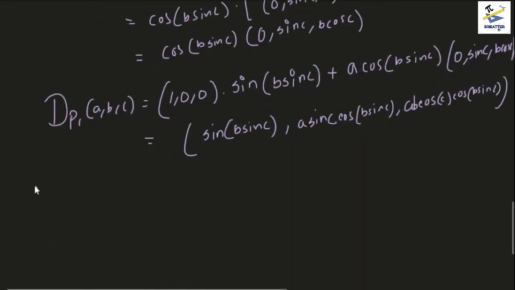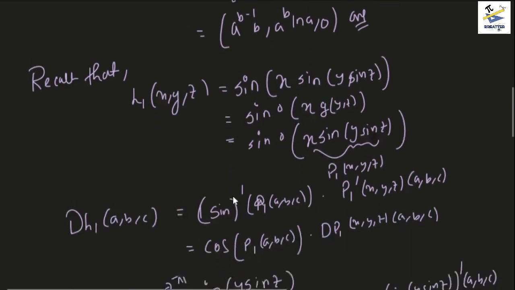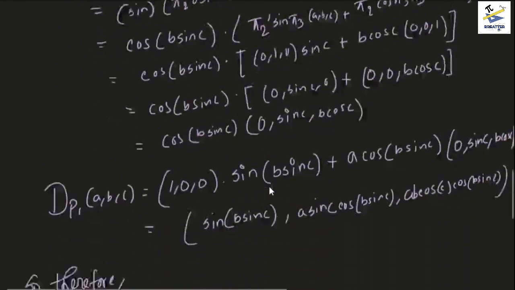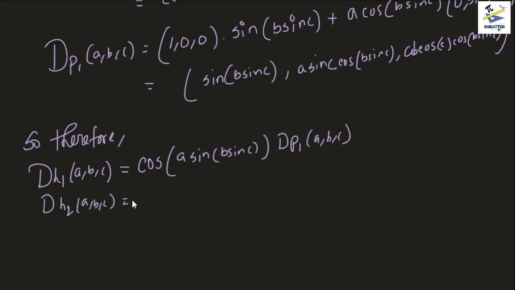So therefore dh1 at the point ABC is simply cosine of this, multiplied by dp1 of ABC, which is now known, and we also know that dh2 of ABC is simply a to the power b minus 1 b, a to the power b log a, 0, right?